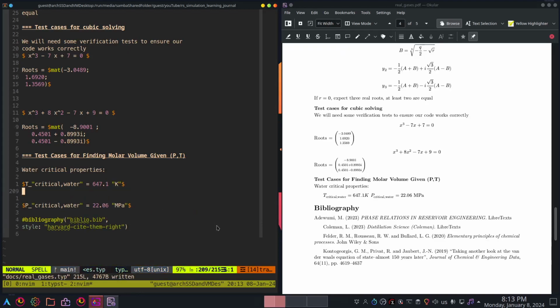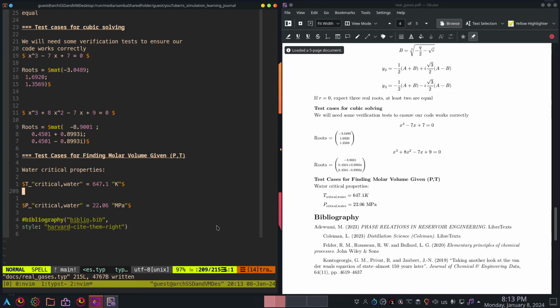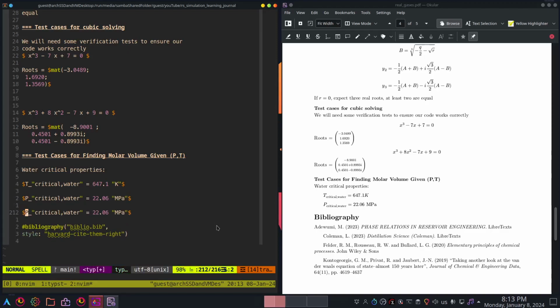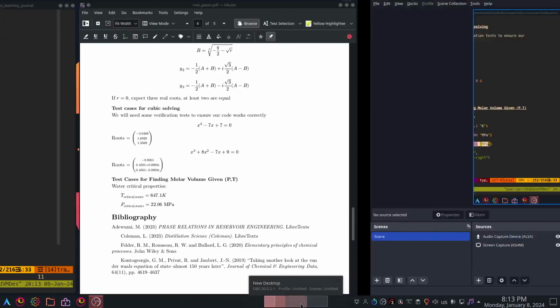Here are the properties and the critical volume. Actually, maybe this is good, I don't need to use steam tables after all. I'll just use this as the critical point, and use this as a test for the Peng-Robinson equation of state.